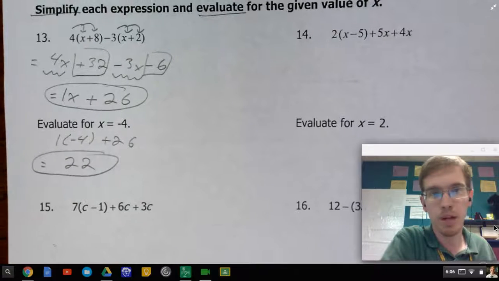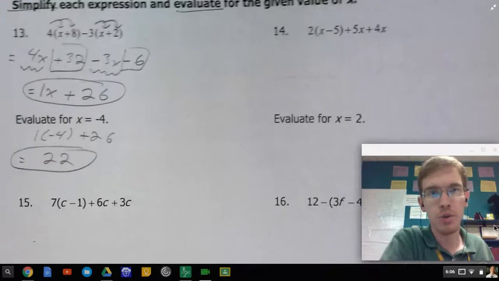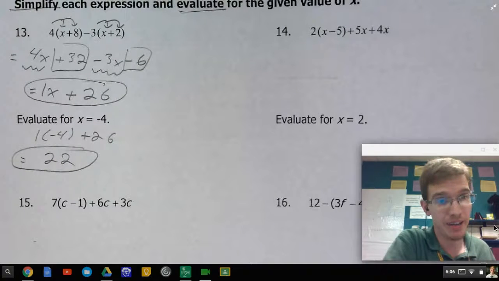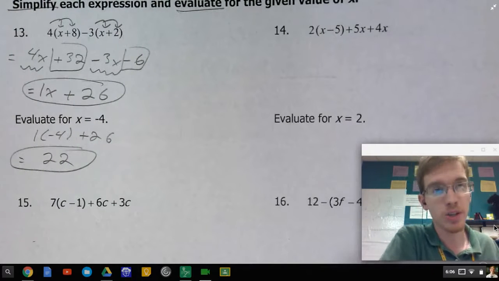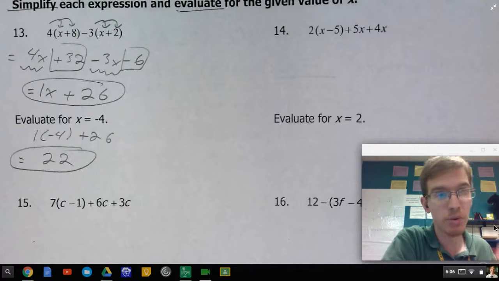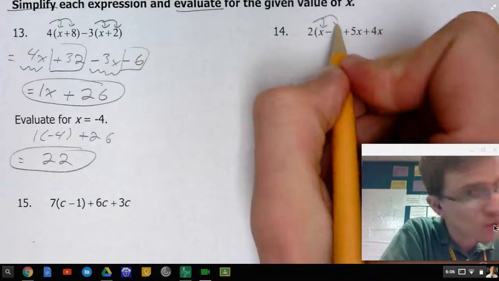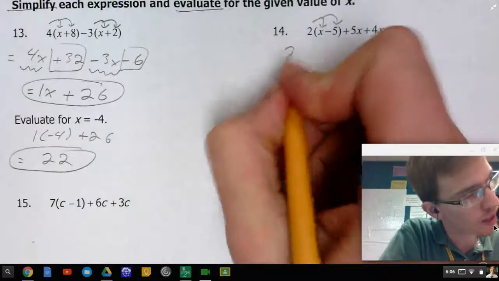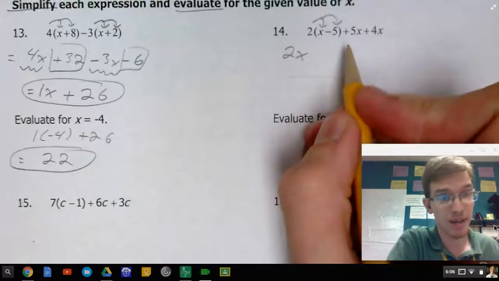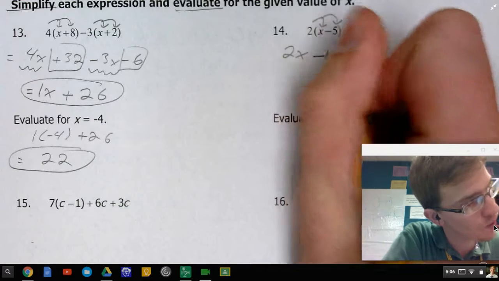Okay, next problem. 2 times x minus 5 plus 5x plus 4x. There's only one set of parentheses, therefore only one place to distribute. So 2 times x is 2x. 2 times minus 5 is minus 10.